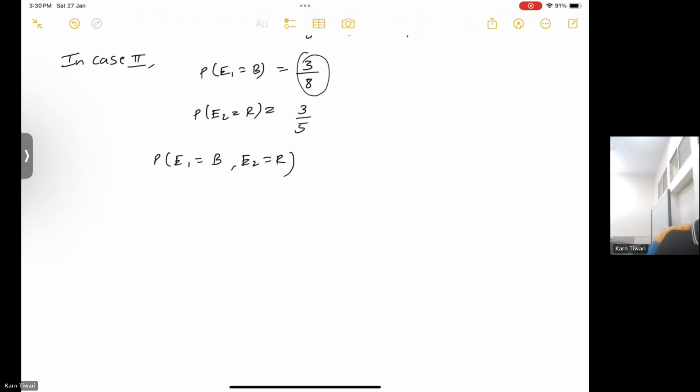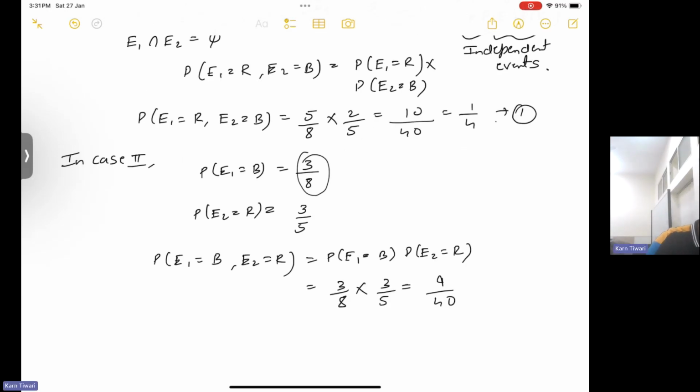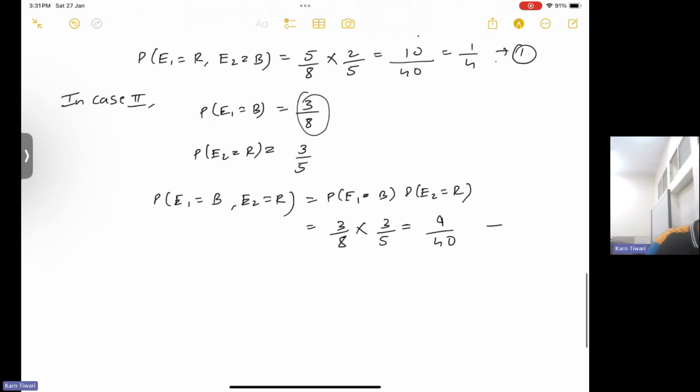So the probability of E1 equal to blue times the probability of E2 equal to red is 3 by 8 times 3 by 5, which is 9 by 40. This was 1 by 4 we got in equation 1.